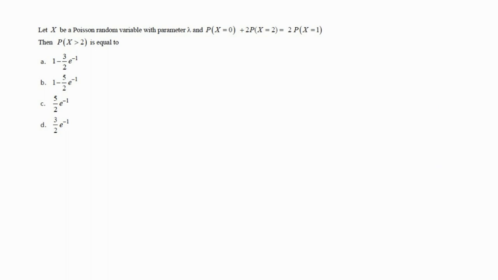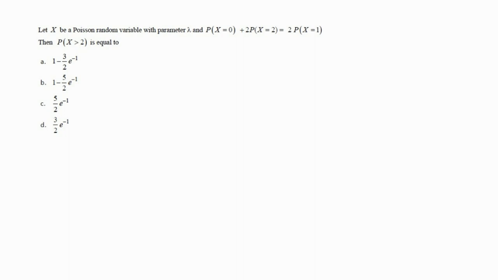Now the next question we have here is: let X be a Poisson random variable with parameter lambda, and P(X = 0) + P(X = 2) = 2 P(X = 1).